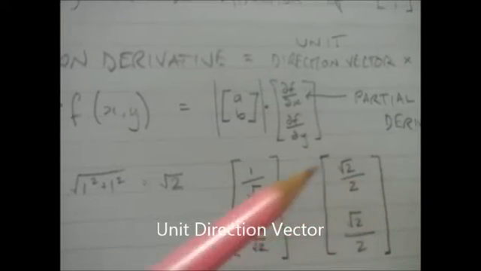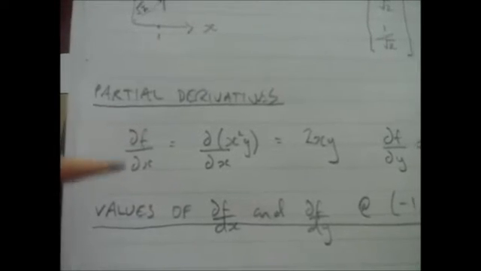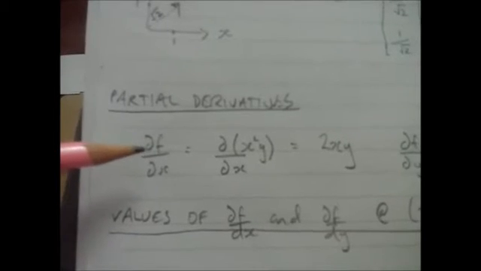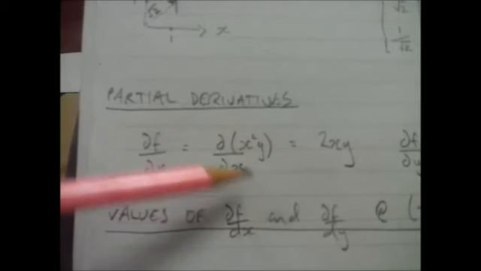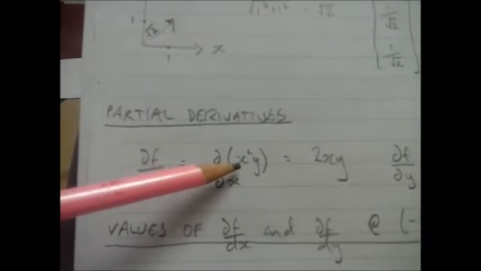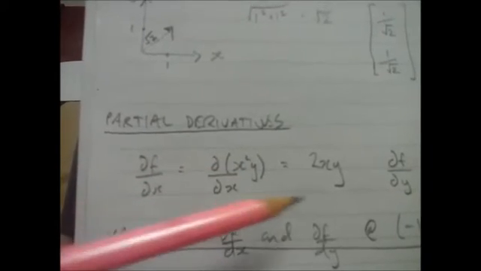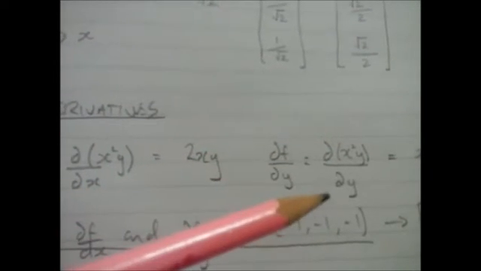So this vector here is our unit vector. The next part is I need to do my partial derivatives, df over dx and df over dy. For partial derivatives you use these little curly d's. The first one I differentiate my function with respect to x. That means I treat y as a constant, and when I differentiate x squared, that's 2x, times my constant, so I end up with 2xy. For the next one I differentiate my function with respect to y.